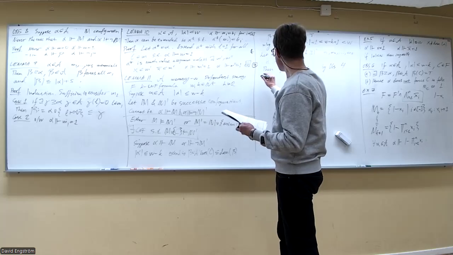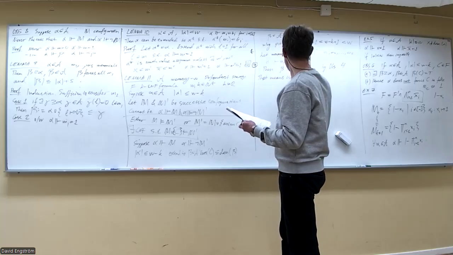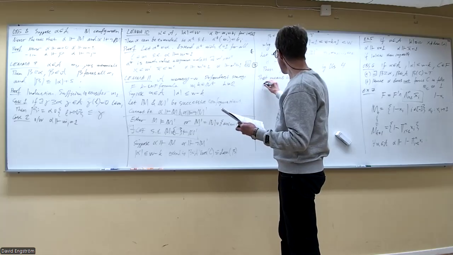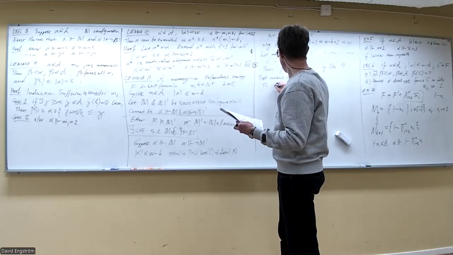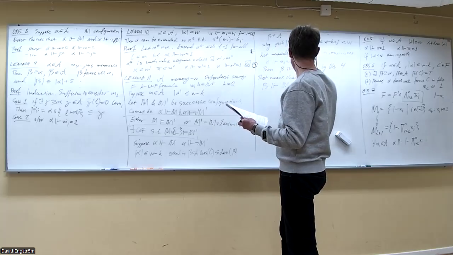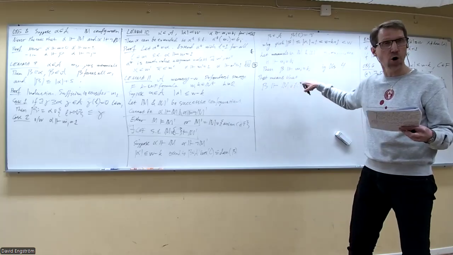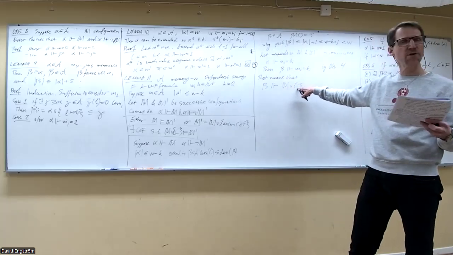Okay, but that means in fact that beta forces M union C, right? Because beta forces M, and actually, here I'm overloading notation.